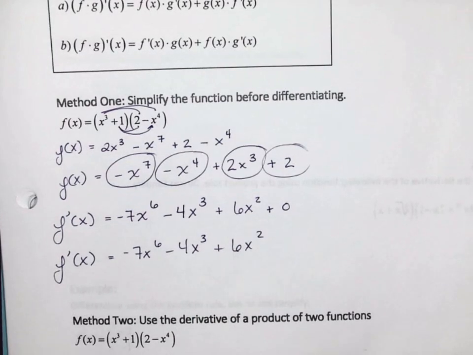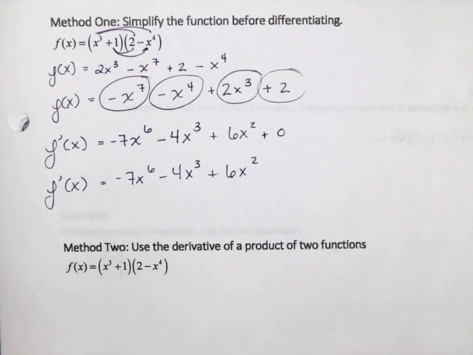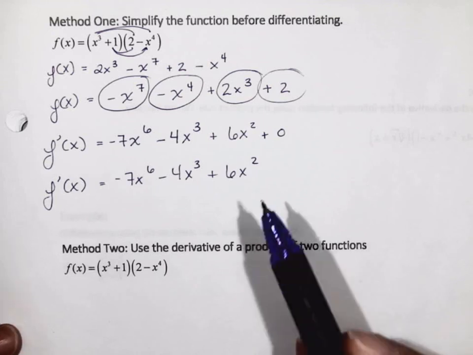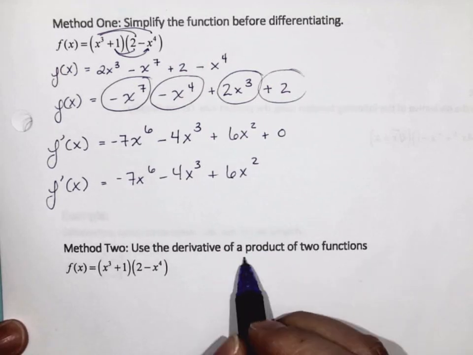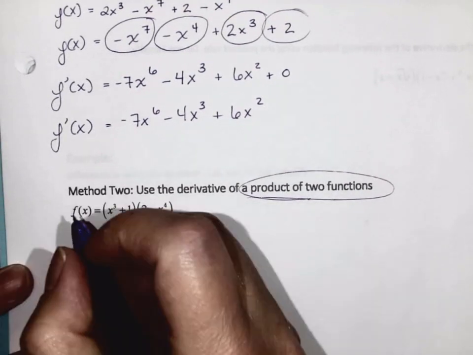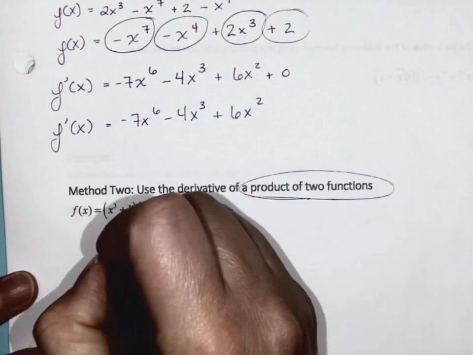So we know what the derivative is. We just found it by multiplying out and then differentiating. That's a great strategy if your functions aren't too complicated. But now we're going to use the rule for the product of two functions. What I like to do is define them.